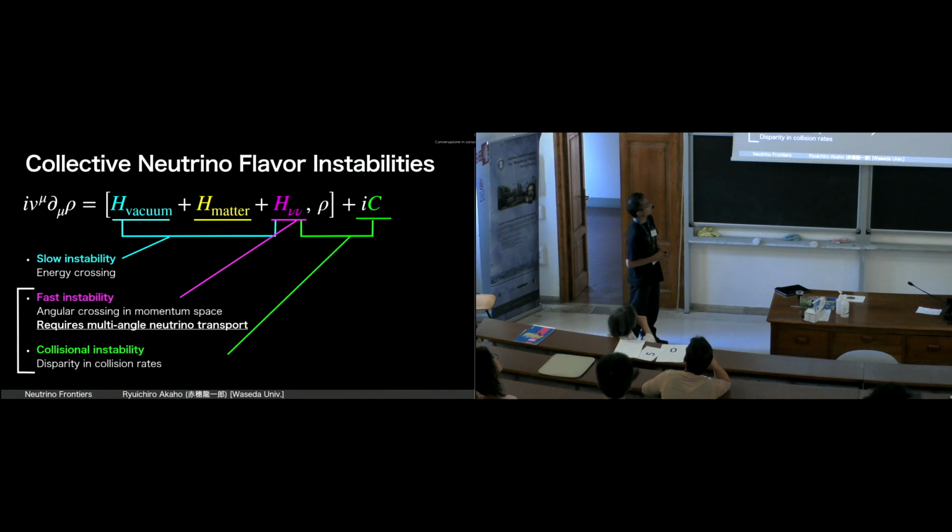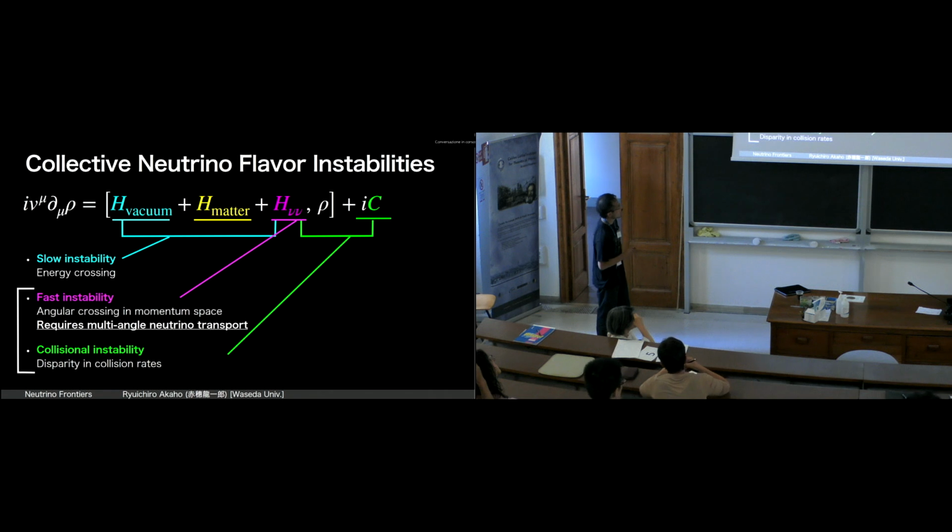There are basically three categories of collective neutrino oscillations: slow, fast, and collisional instabilities. I will focus on these two in this study.